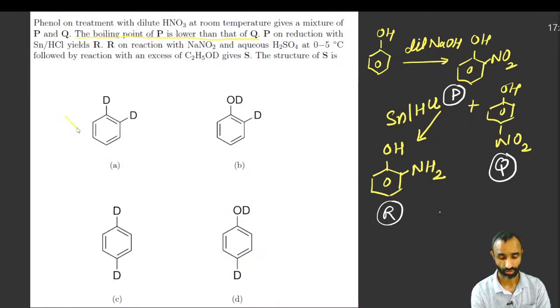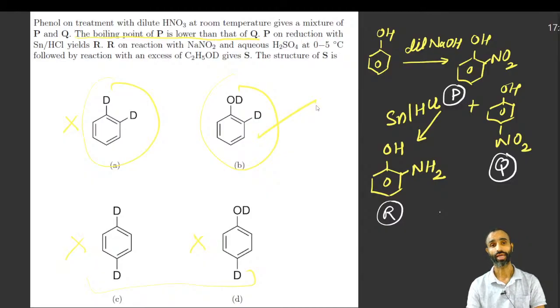So obviously the para product we can't get. Ortho, out of these two, obviously this one is the right option. Okay?